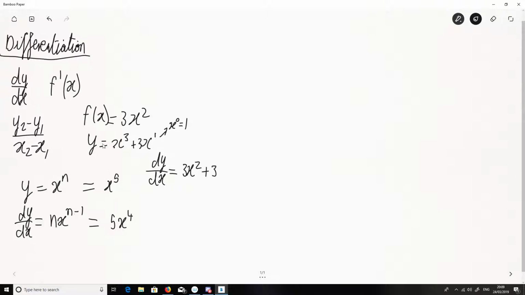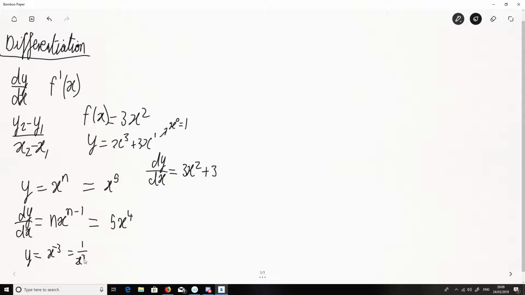So I'll do one example of a negative integer power, so y equals x to the minus 3, which is equal to 1 over x cubed. If you're given something like that, you want to rearrange it into an x to the n format, to make it easier to differentiate.